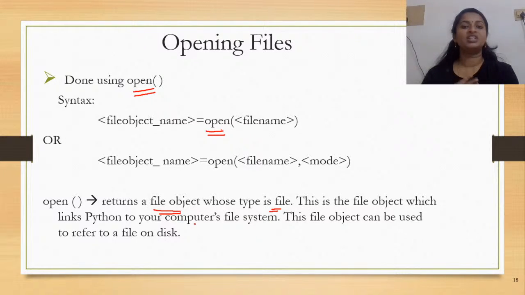The open function enables the link to be generated, and when you close the file, that means your entire operations with respect to the file are over. The link that was generated using the open function gets detached, or you just cut it off. So this is how you close the file. Fine.